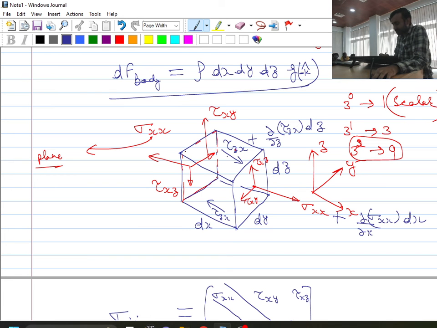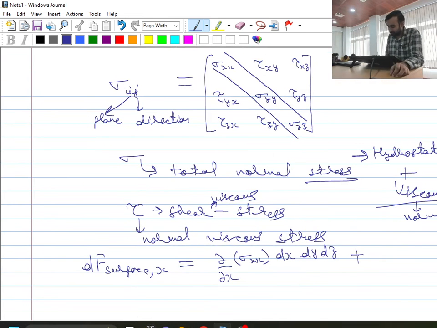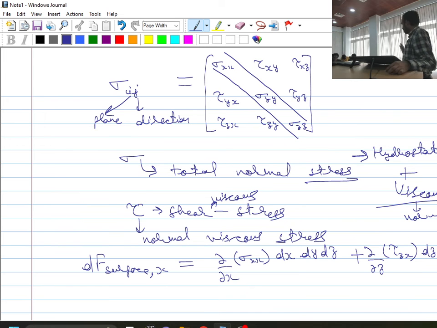And this is acting on which area? dx dy. So then I have plus del by del z of tau zx into dz dx dy. This is one.